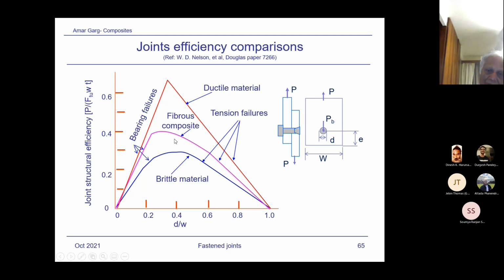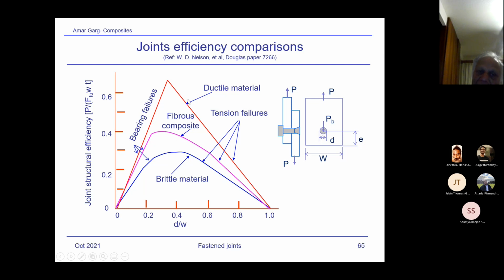That provides some relief to the stress concentration factor, which I will be discussing when I discuss notch analysis next week during damage tolerance. So fibrous composites lie somewhere in between the ductile material and the brittle material.